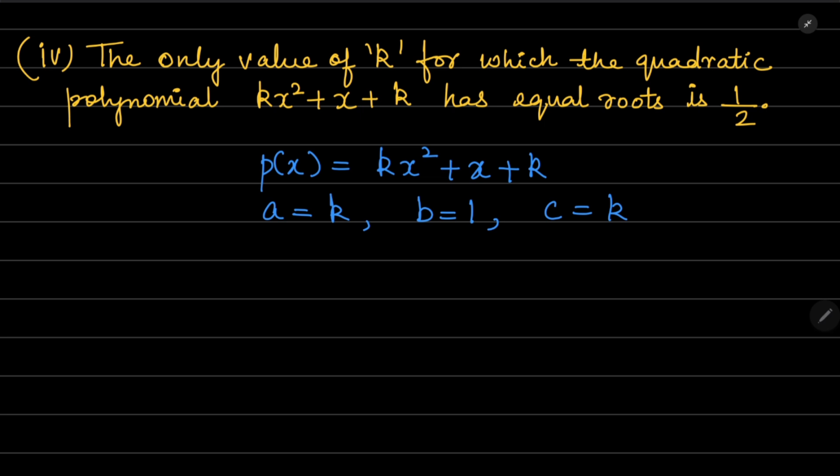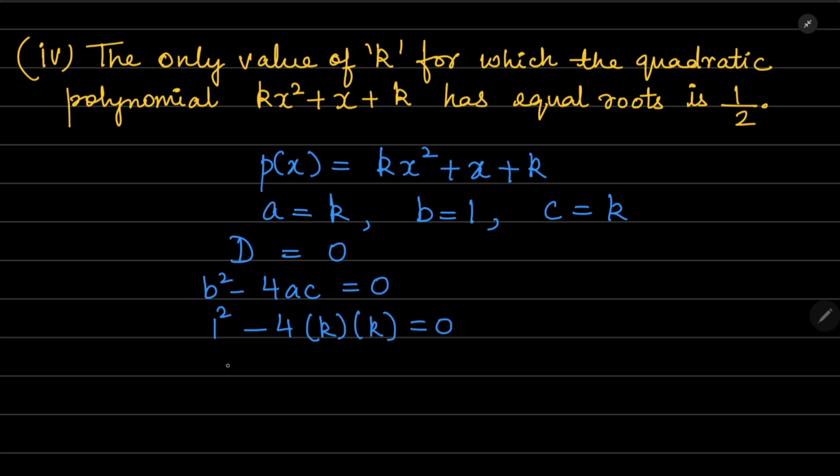As I told you, whenever you are dealing with a polynomial with equal roots, your discriminant is 0, which means b square minus 4ac is equal to 0.